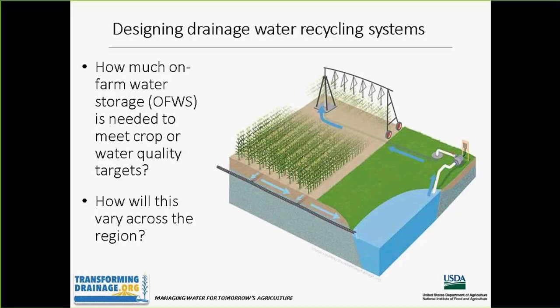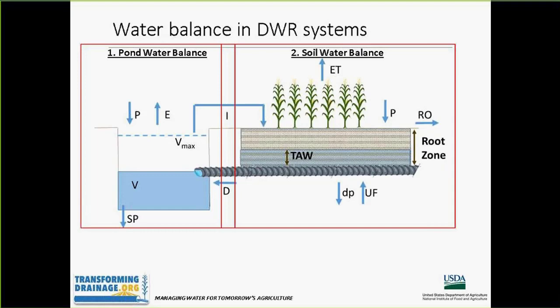The talk today is focusing primarily on the water quality aspect, so I'm not going to get into too much of the irrigation side. The two are linked quite a bit, and we'll see a little bit. The basis of this tool that we started to put together is we want to link that soil-water balance that we think of in the field to a pond water balance where that drainage water will be stored.